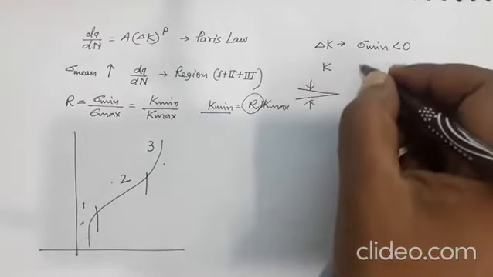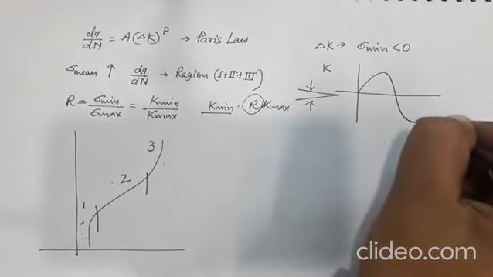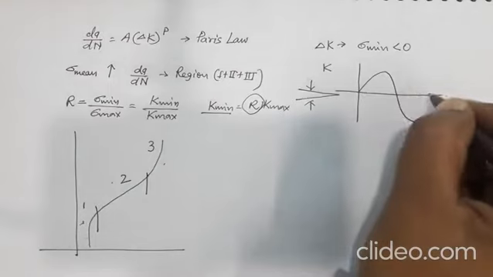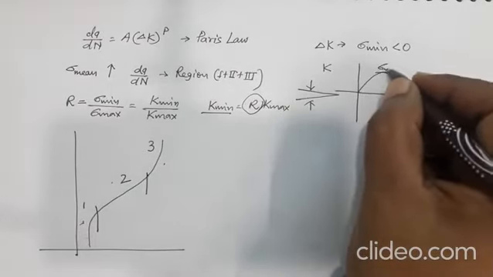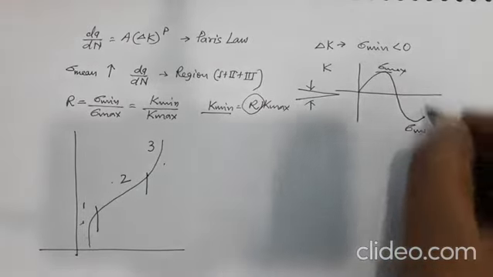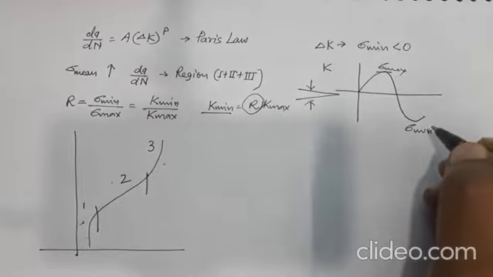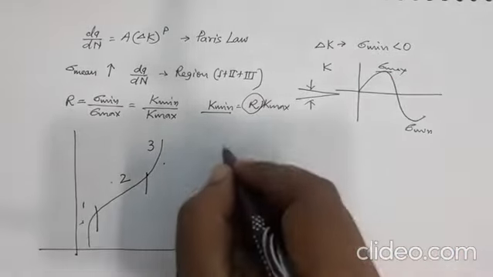So if you have a stress cycle which goes from tension to compression, meaning that your sigma mean is 0, so you are going from sigma max to sigma min, which is in compression. Sigma minimum is compression, sigma maximum is in tension. In this case, how do we calculate delta K?